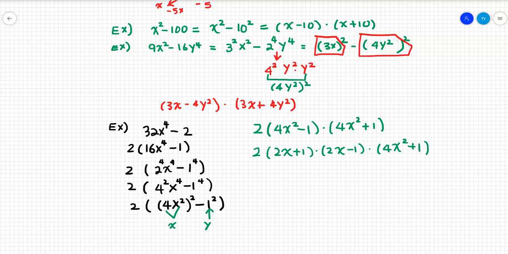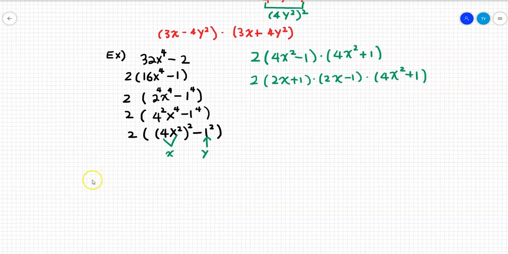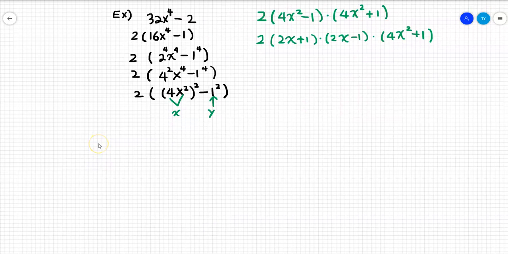So that's something we need to remember: if you think the final factored form is not completely factored, then go back and make sure that it's completely factored.